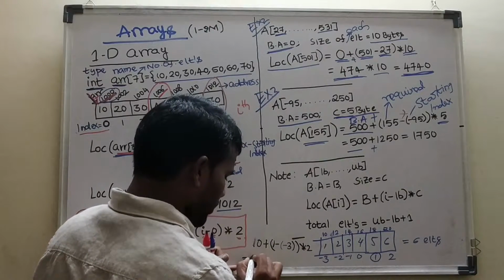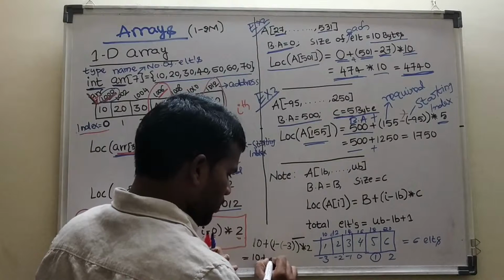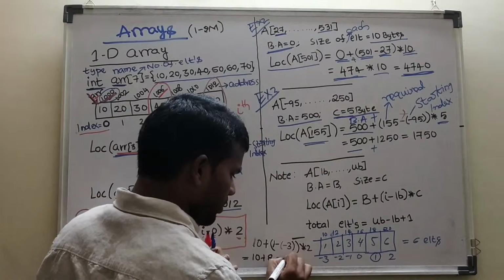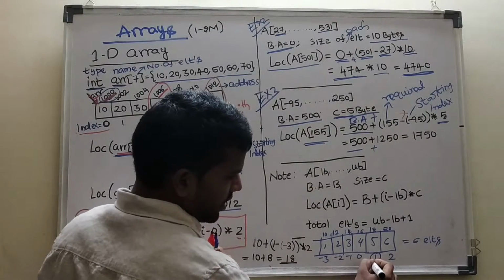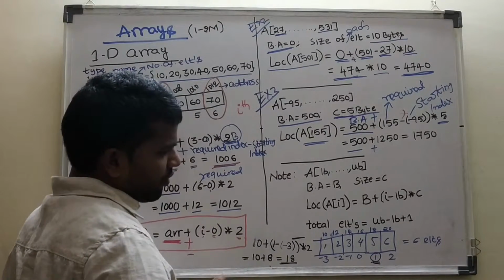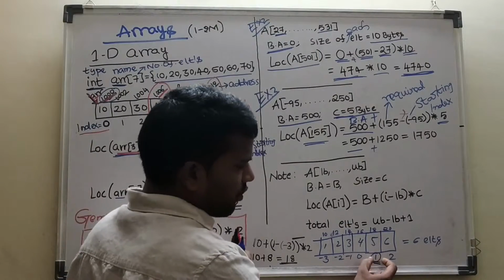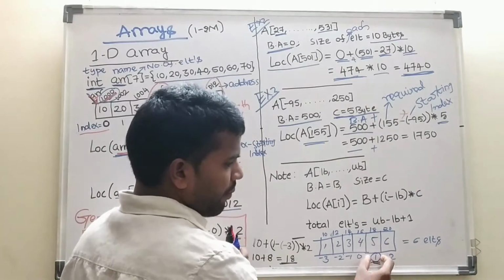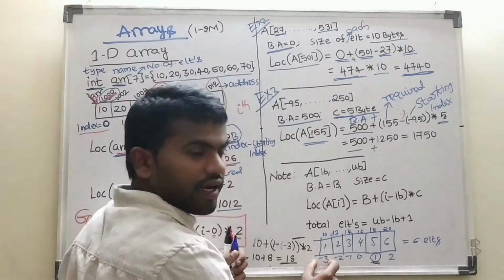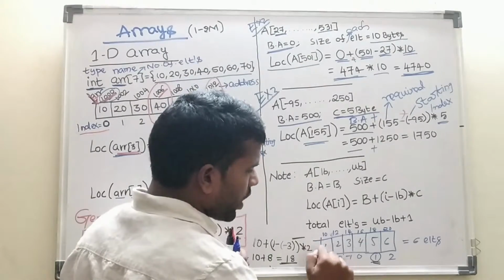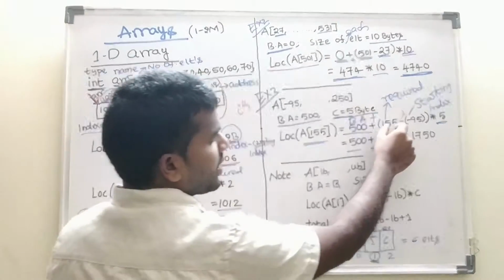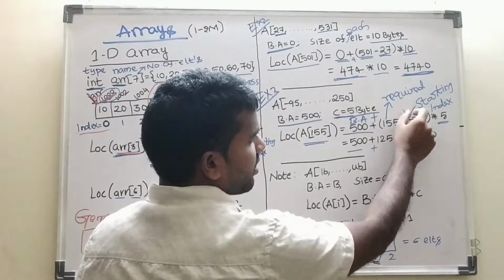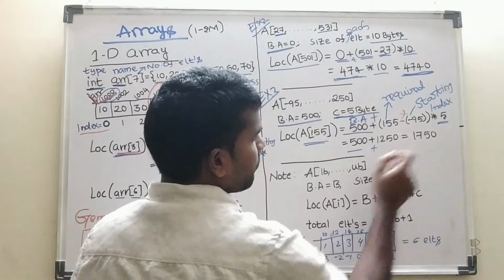So what should it give? 10 plus 4 into 2, 8, which equals 18. See, we got 18. Same thing here. If you want to find elements, you have to take required minus starting address. Then only you are able to locate, from here to here. Otherwise you can't locate. That's why minus of minus becomes plus, and it gives 1750.